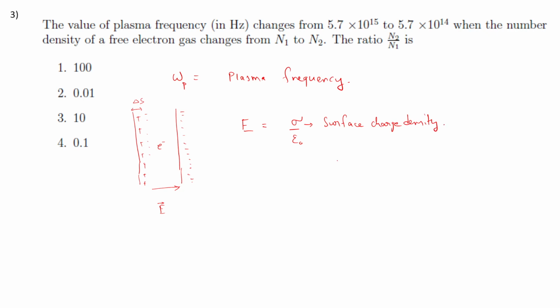Now what will be this surface charge density? Let's say this metal has n as the number density of electrons.